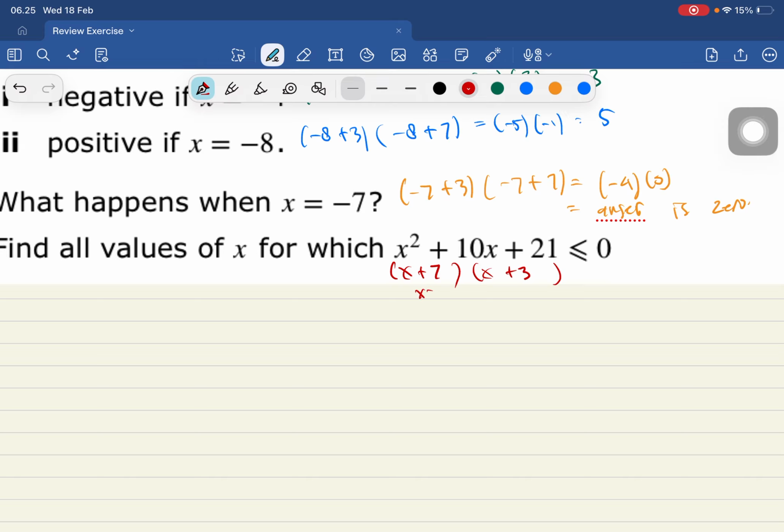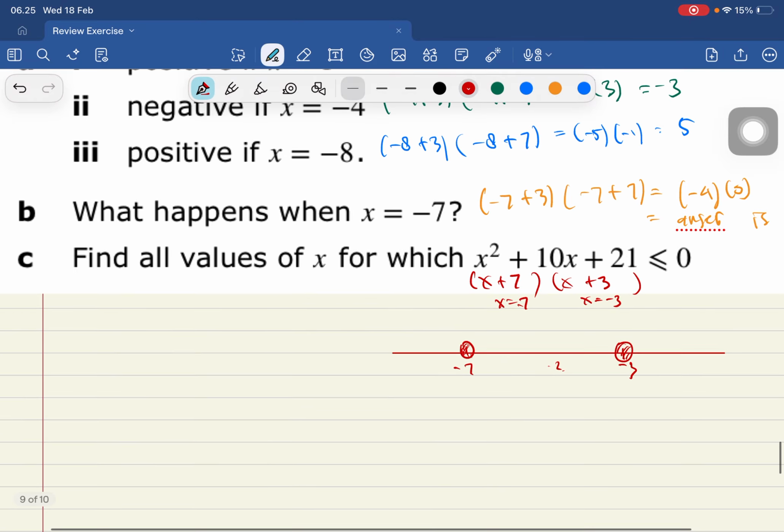So we got x equal to minus 7 and x equal to minus 3. So let us draw the line. Here is minus 7 and minus 3. Let's see which part is satisfied. Let's give a try with minus 2.